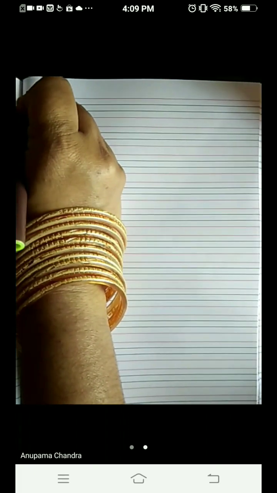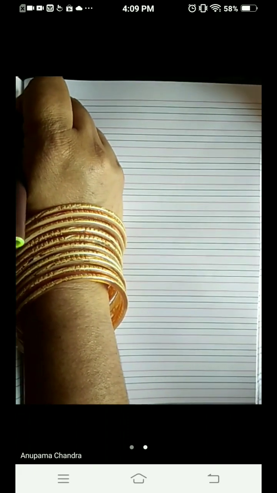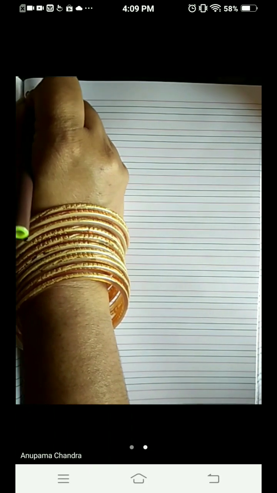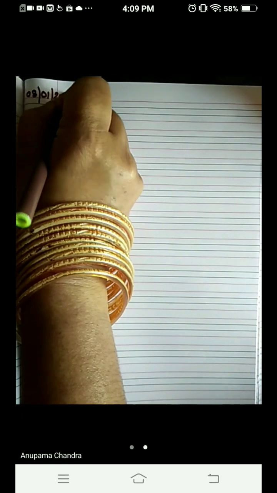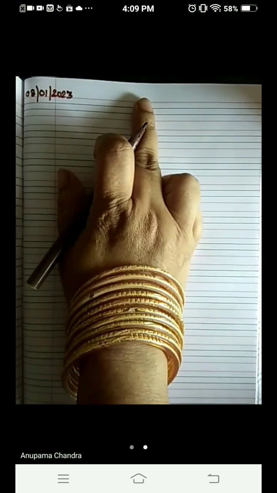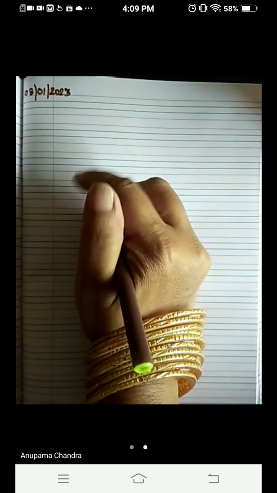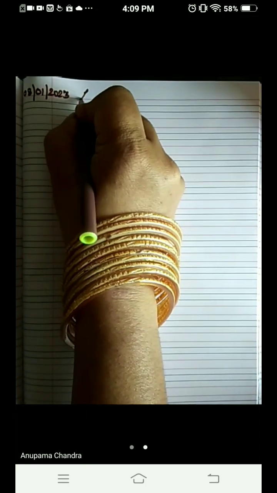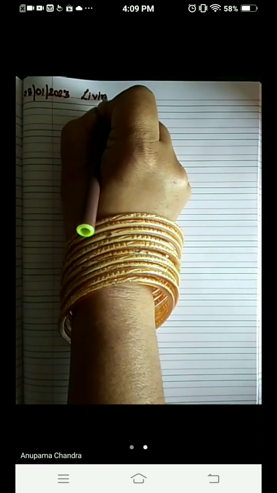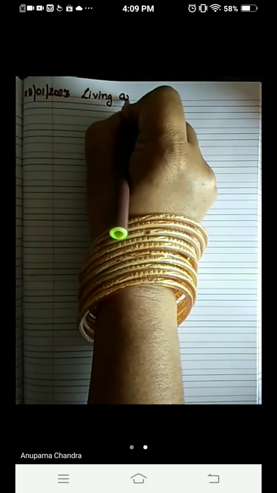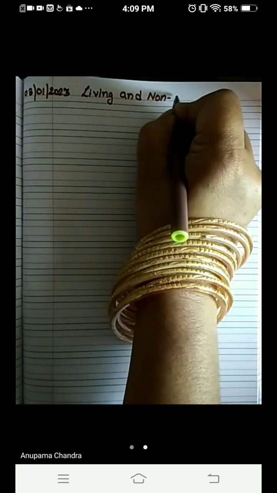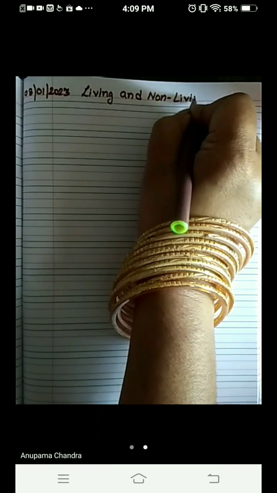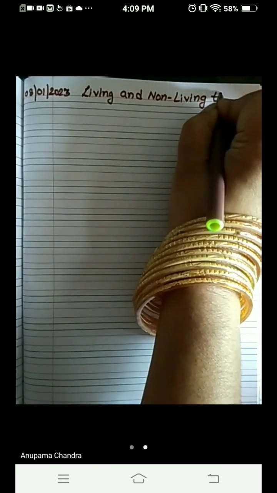Today is 8/1/2023. On the red line, write the chapter's name, living and non-living things.